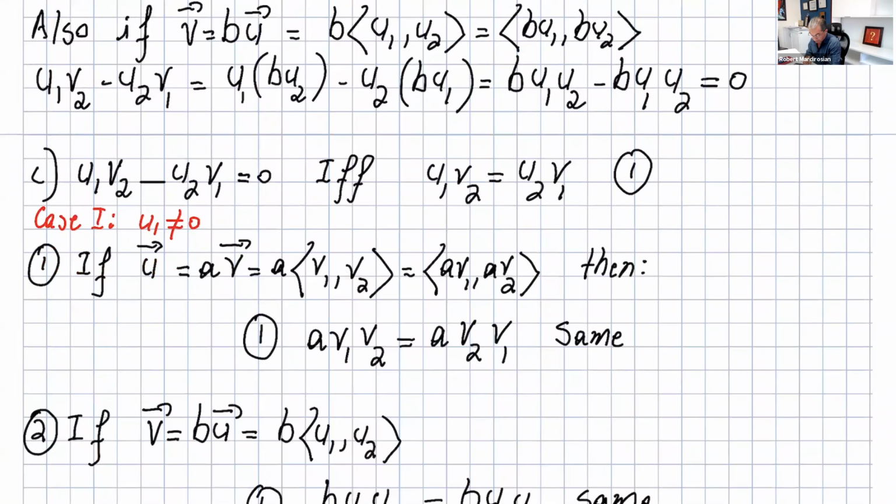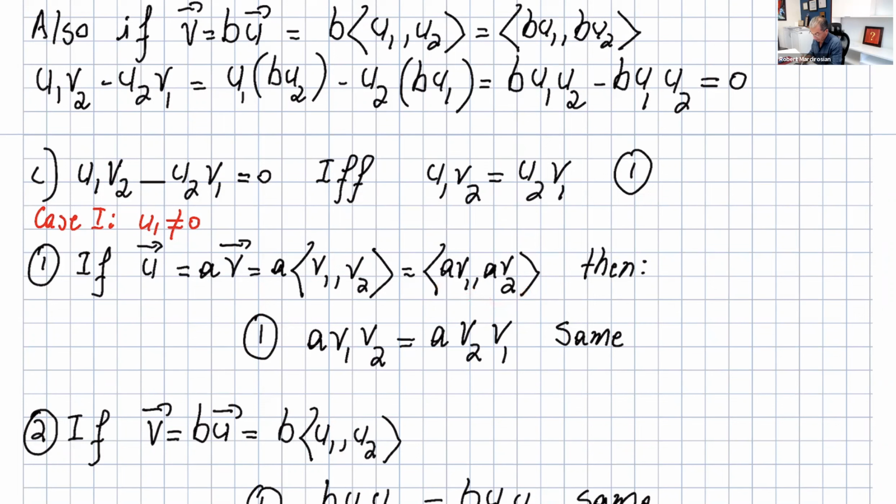Now, part C, if we want to start with this relation, U1 V2 minus U2 V1 equals 0, if and only if, well, we know that if you take that to the other side, we want to show these two are equal. So first case, if U1 is not equal to 0, that's what the problem tells you to do. So I can say U equals AV, and that equals A times V1, V2, and that's AV1, AV2. And guess what?